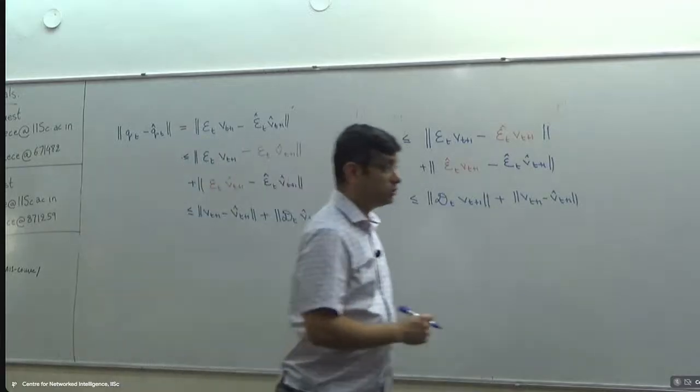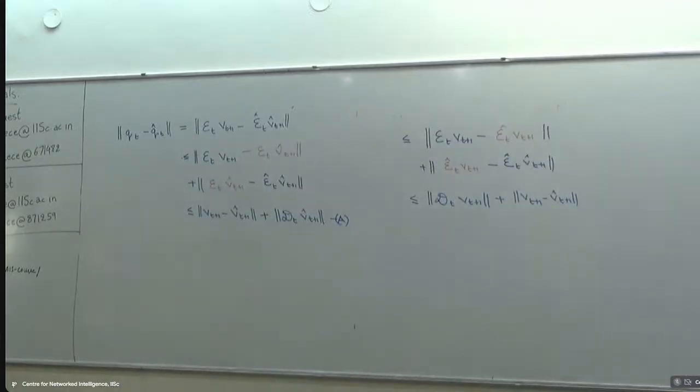So, I can come back to my result and say this had to be less than or equal to the minimum of the norm of the mismatch operator applied to V_{t+1} or the norm of the mismatch operator applied to V hat_{t+1}, plus V_{t+1} minus V hat_{t+1}.